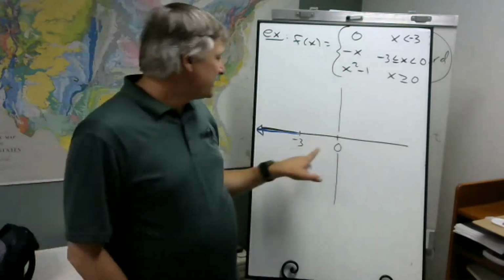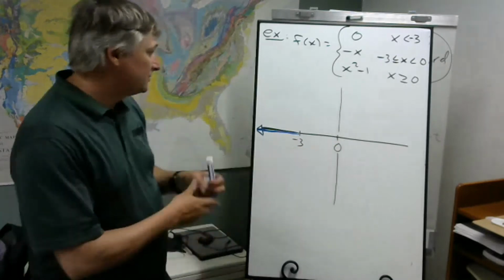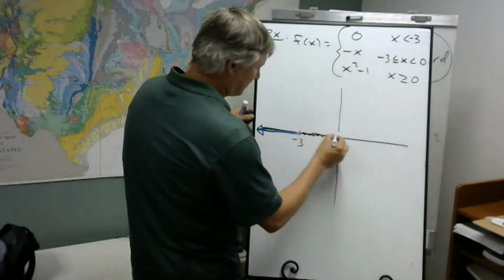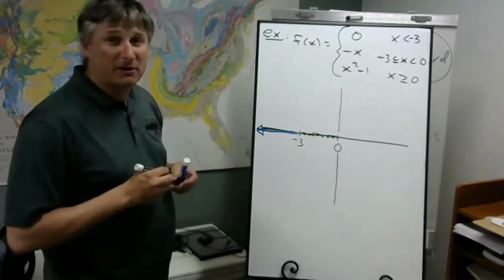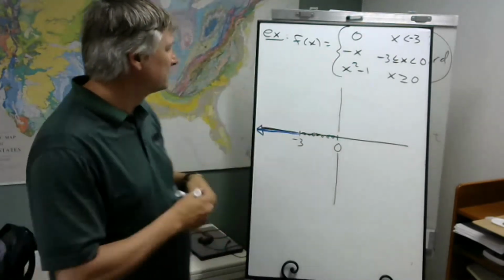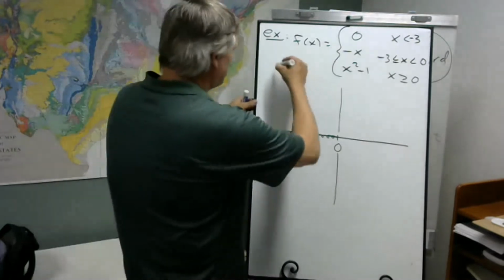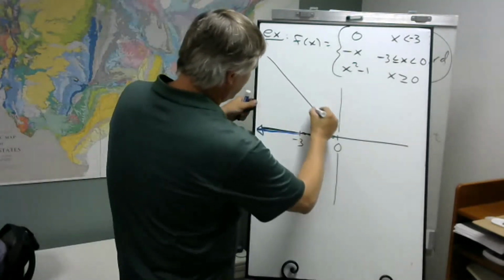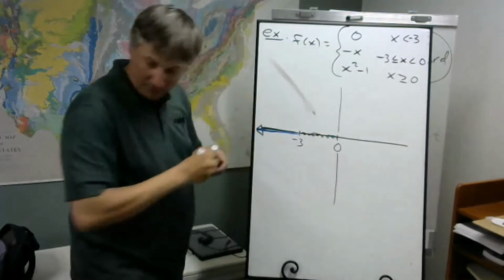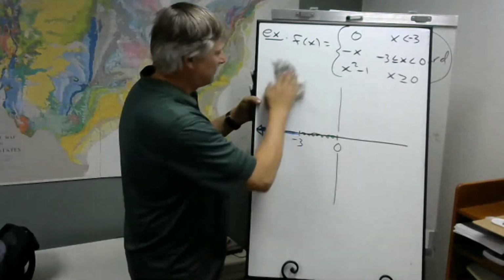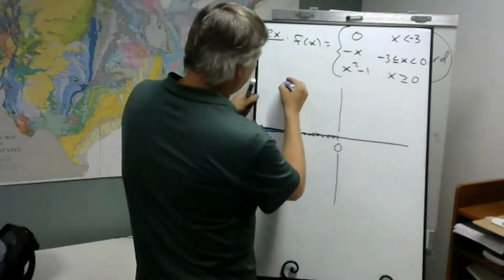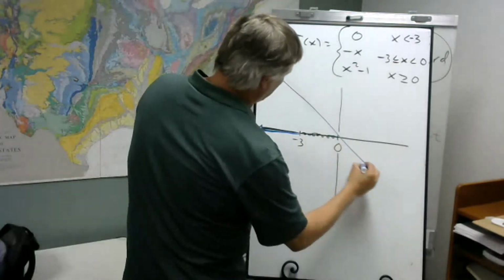Well, let's take a look at this. The next piece is -3 to 0. Now, what piece of our function was here? Well, it's -x. So -x is that function that comes down here like this. But we got to be kind of careful drawing this.